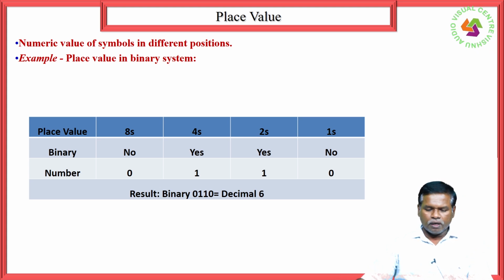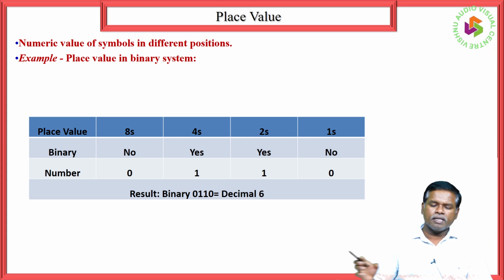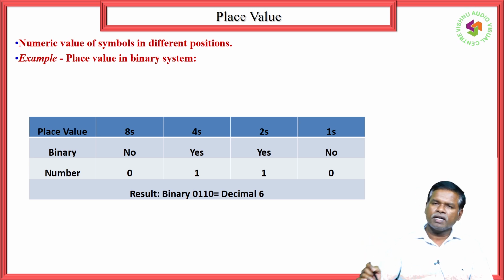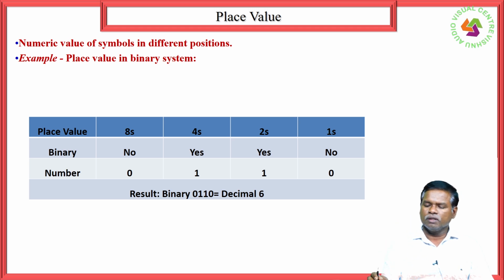As an example, I consider a binary number 0110. The least significant bit is 0, whereas out of these given 4 bits, the most significant bit is also 0. So the given binary number is 0110.